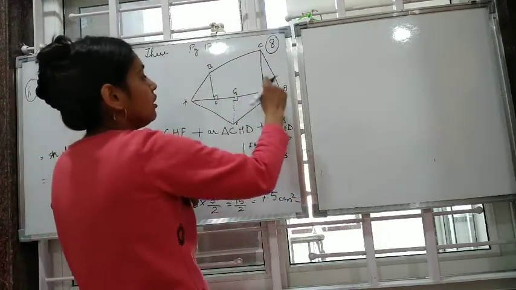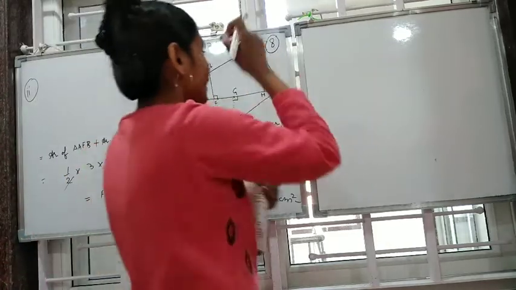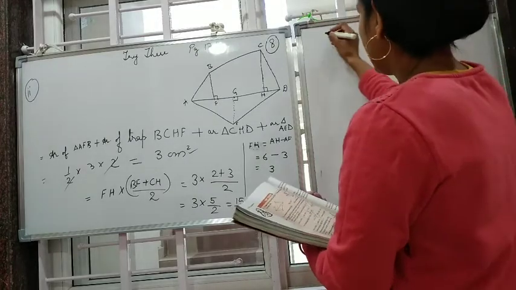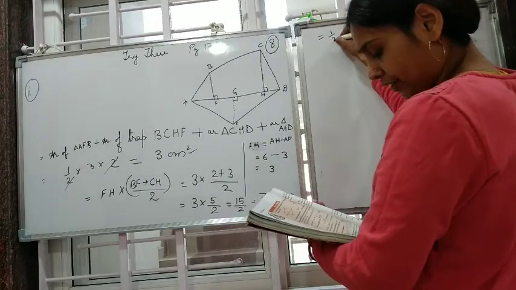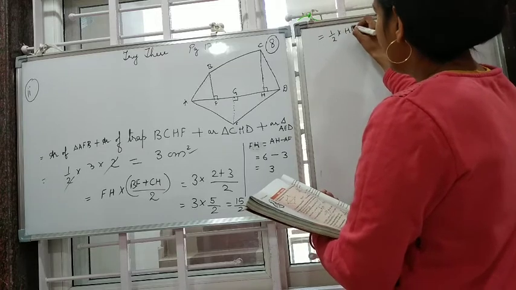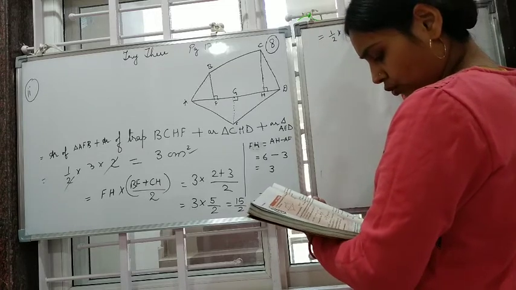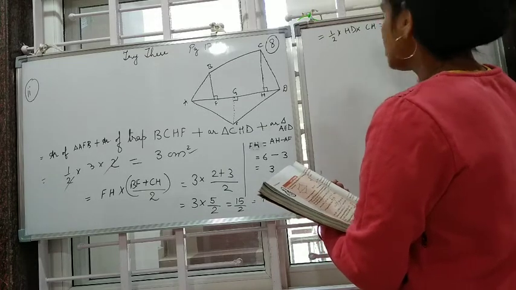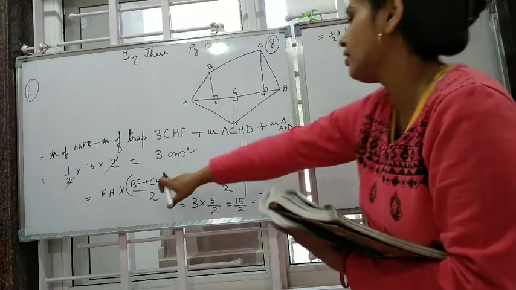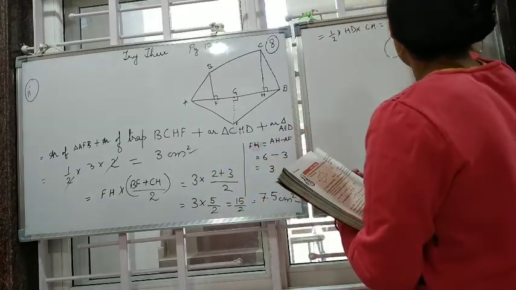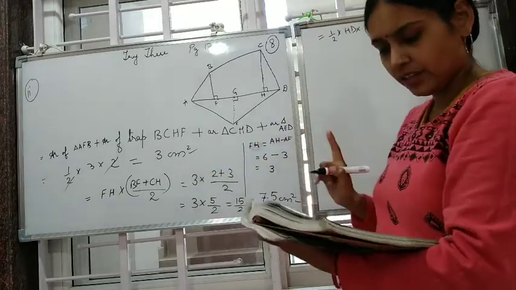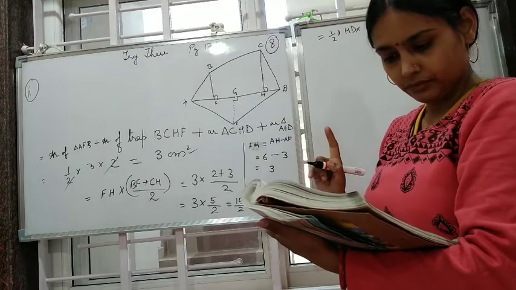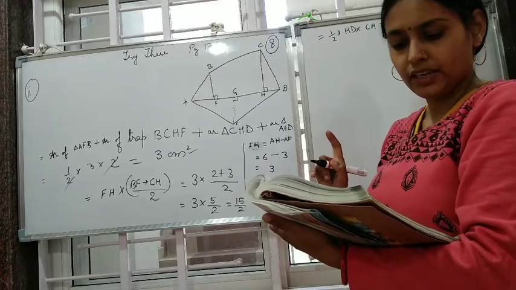Now we need the area of triangle CHD. Area of triangle CHD is half into base into height, that is half into HD into CH. CH is 3, so I am writing 3 here also. We need to know HD. Is HD given? No, HD is not given.